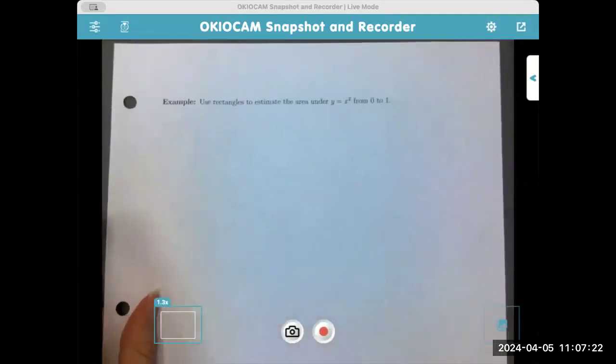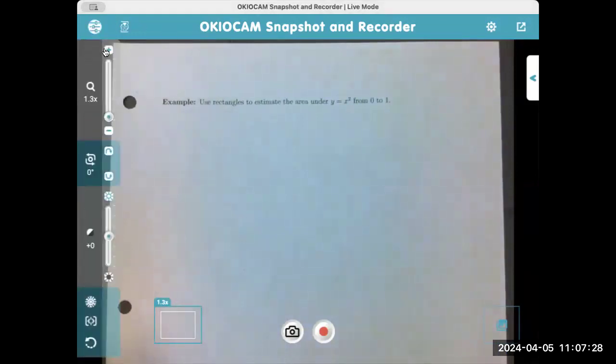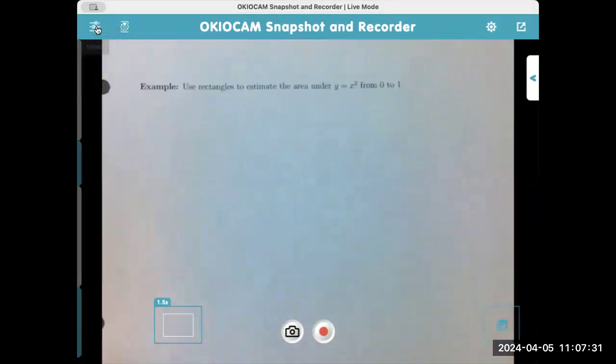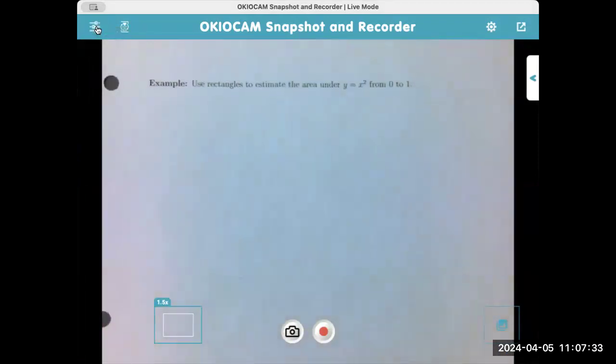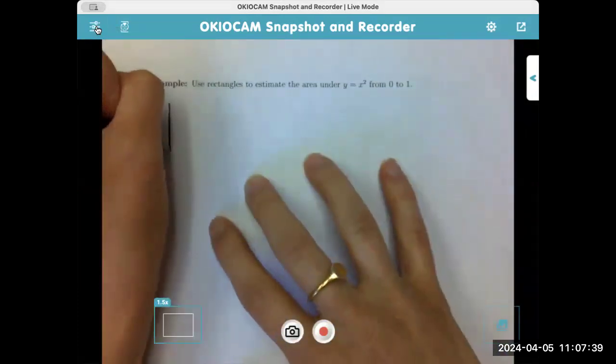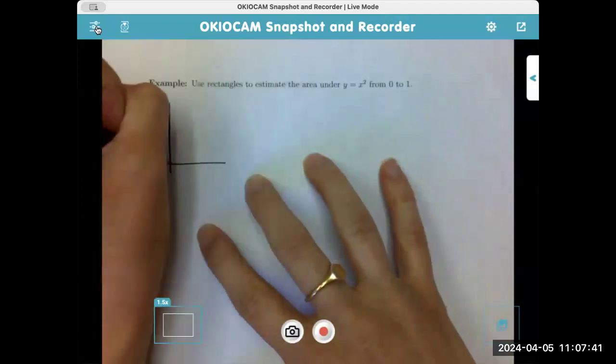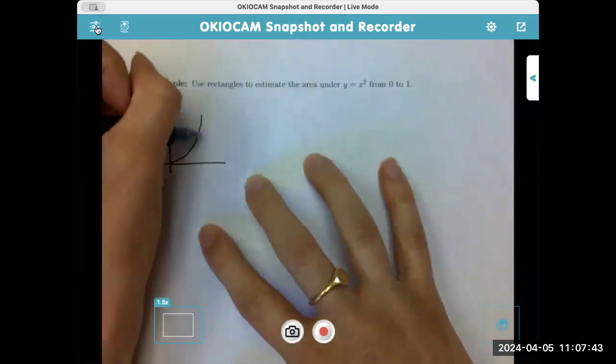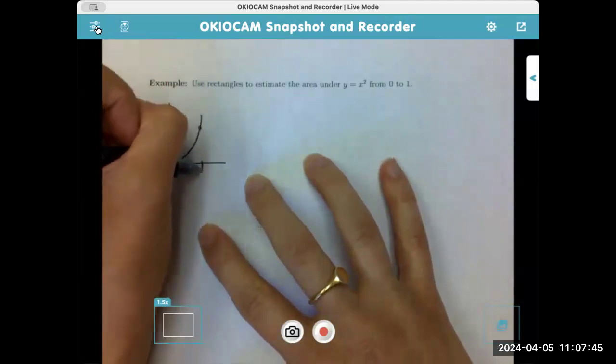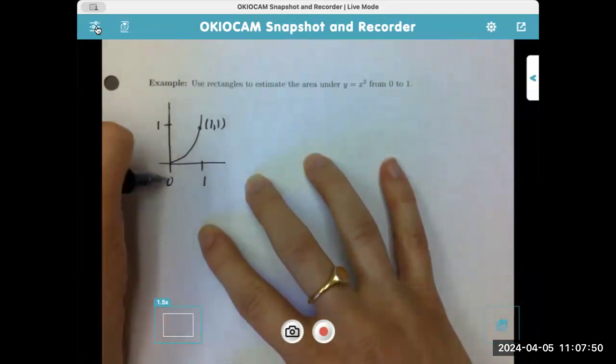So example, using rectangles to estimate the area under y equals x squared. Sorry, let me zoom this in a little bit. There we go. Just from 0 to 1. Okay, so we are just going to have one big rectangle. So 0 to 1, this is just the right side of the parabola. This is the point (1, 1), here's 0.